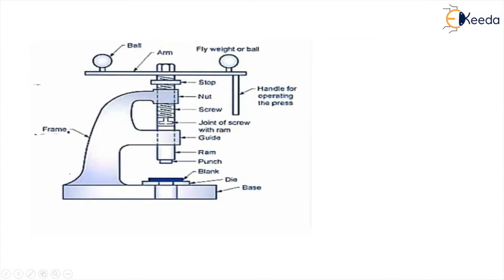The two heavy cast iron balls are mounted on this arm, which is bolted to the screw, so that when the handle is turned, it causes the screw to rotate within the nut.